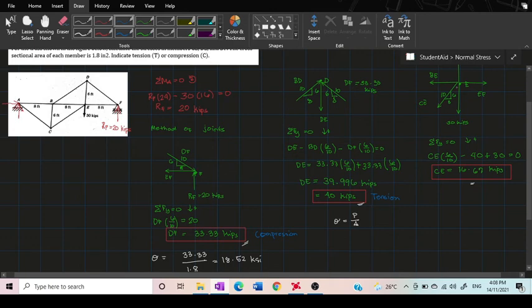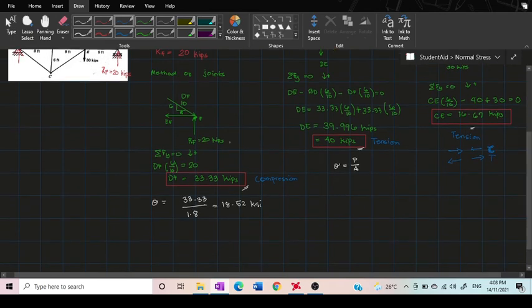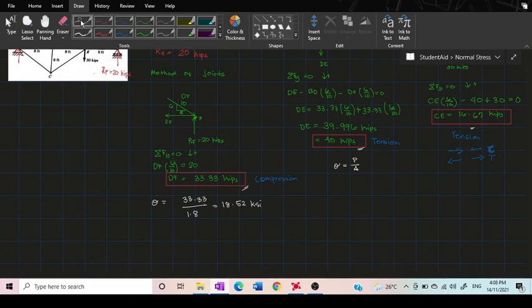And at CE, also here, this is also in tension. Remember that compression is like this and tension is like this. This is T and this is C. Now we already indicated if it's compression or tension. Let's go back to the stresses.